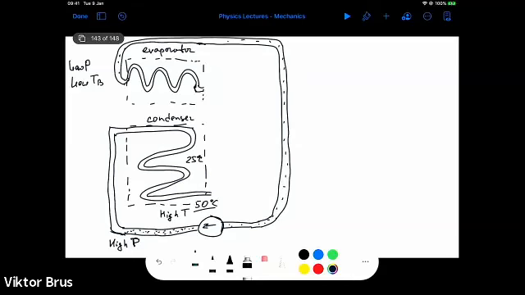Room temperature is low enough to condense this high pressure Freon vapor, and it transforms to liquid Freon while it goes through this condenser.